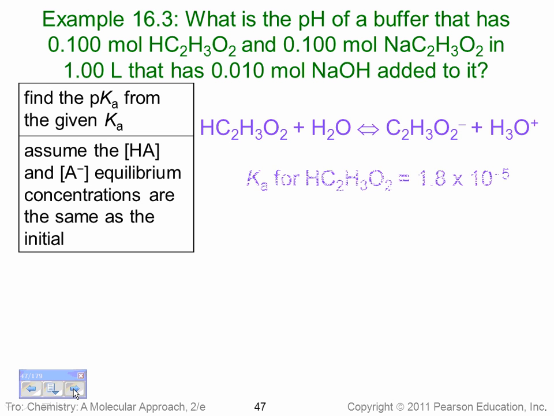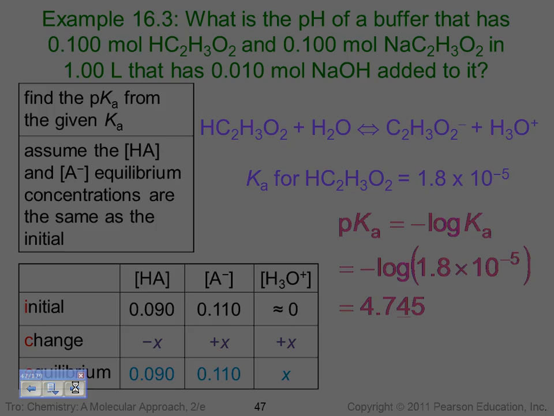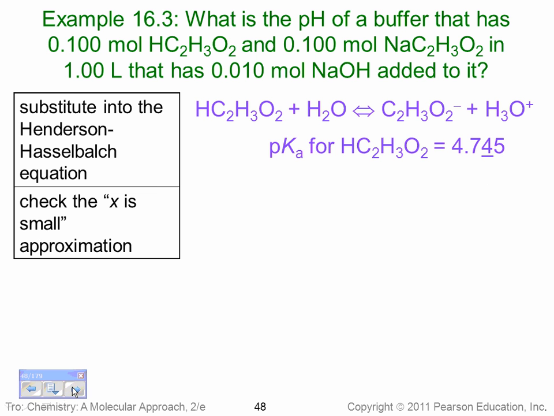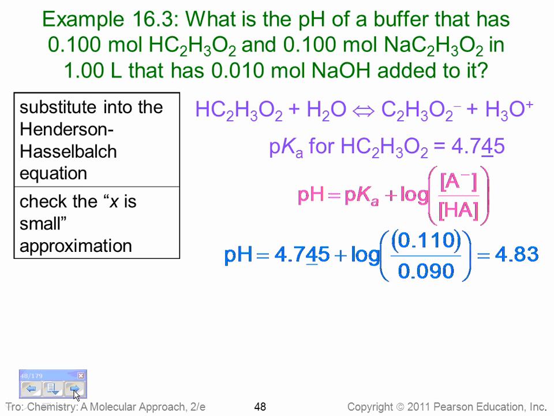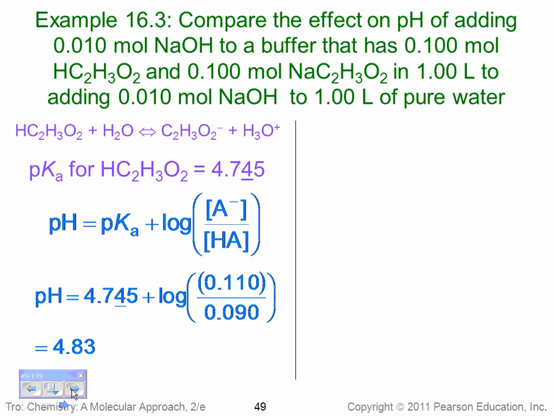So whichever way works for you. Henderson-Hasselbalch. There it is, 4.83. Again, I think that's a lot shorter than the ICE diagram. Check your approximation, sure, why not? So that's where we stop. Comments, questions?